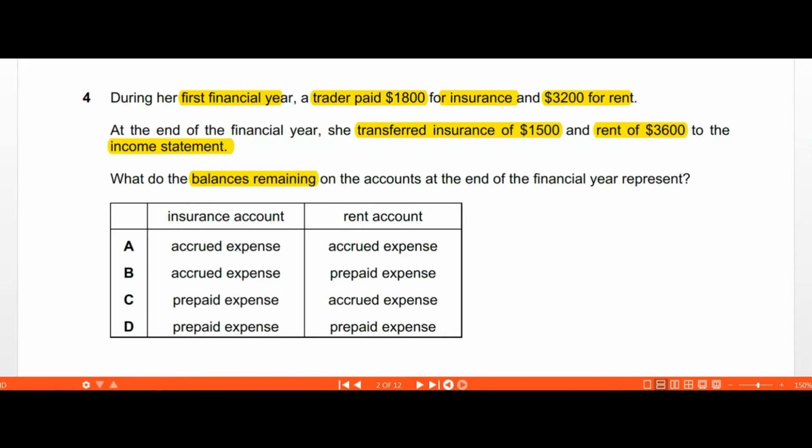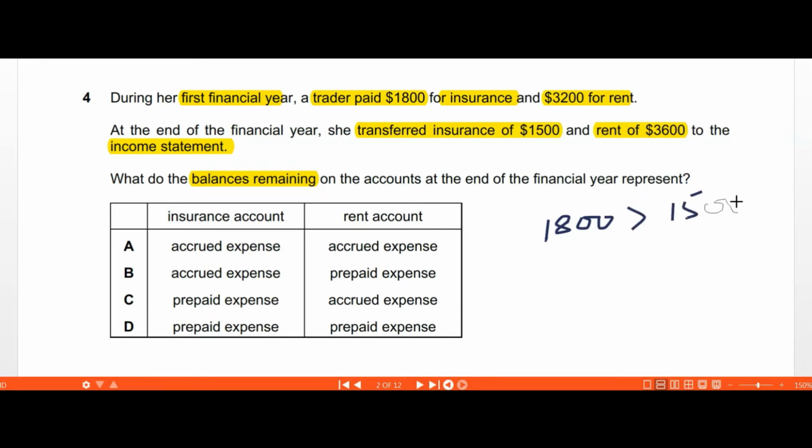Now this means that the amount is actually being reduced. So total 1800 was paid, but in income statement we're only recording the amount of 1500.